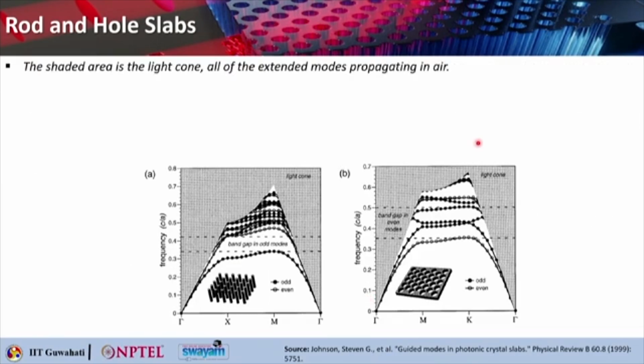Now in 2 dimensions, one is able to decompose the guided modes into 2 non-interacting classes. The lack of translational symmetry in the vertical dimension, however, means that these states are not purely TE and TM.